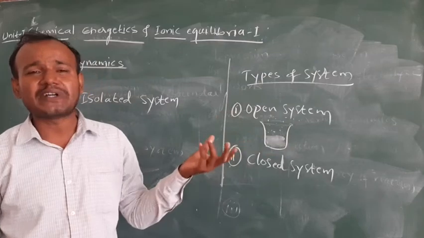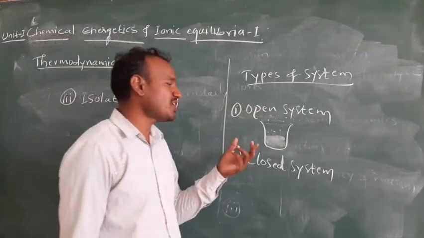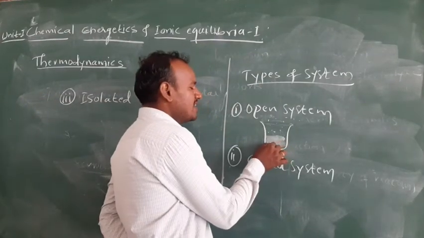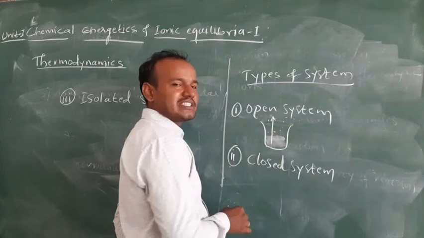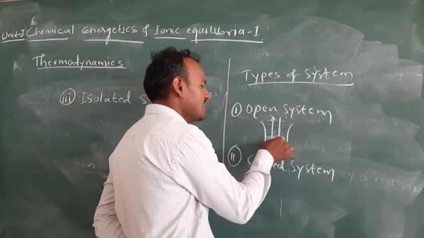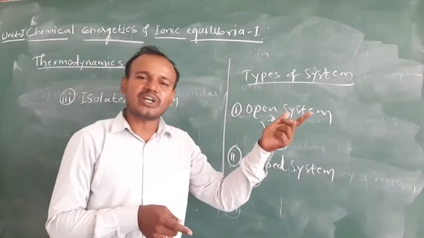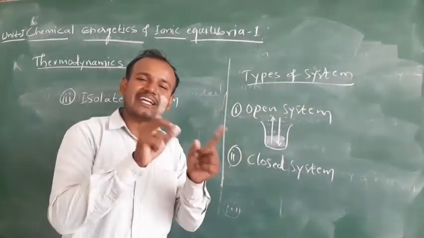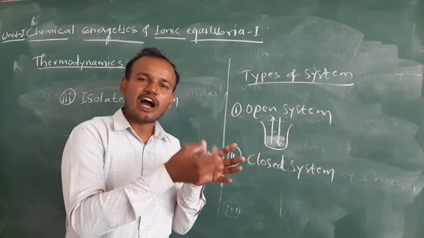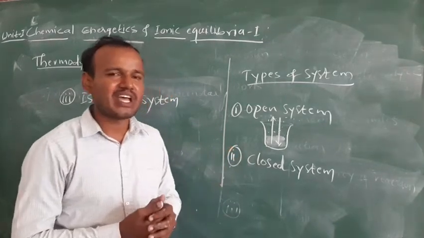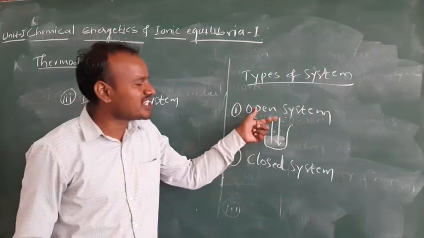Then what is an open system? An open system is a system where matter can exchange with surroundings and matter can enter into the system, from system to surroundings and surroundings to system. Matter means composition, chemical constituents. One more thing is also exchanged.